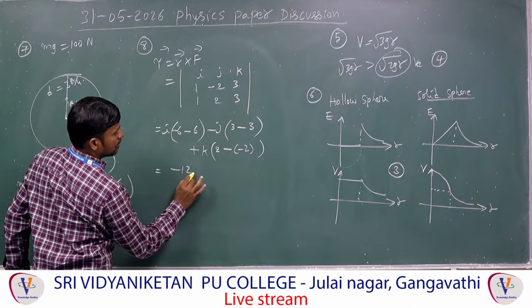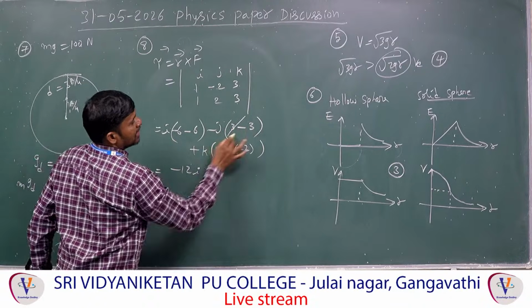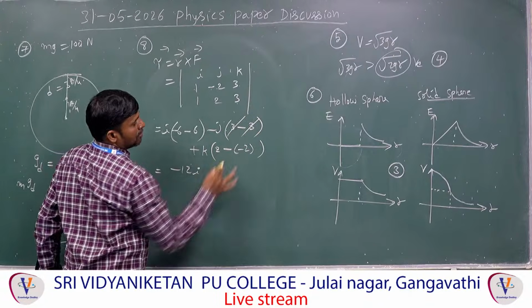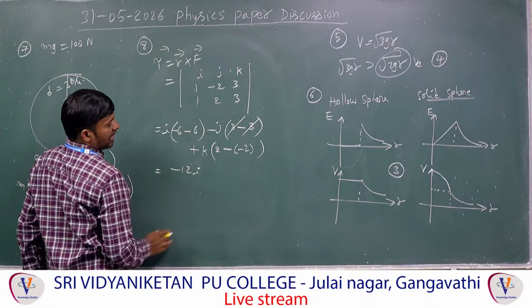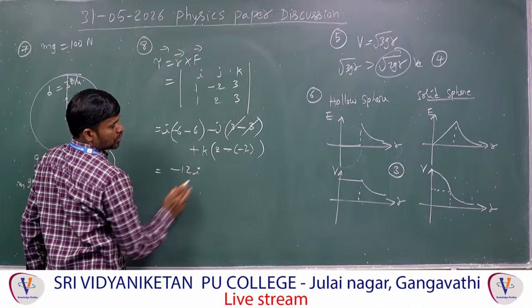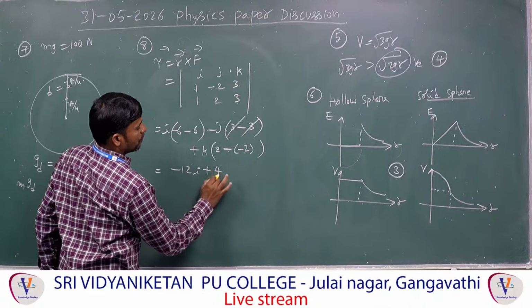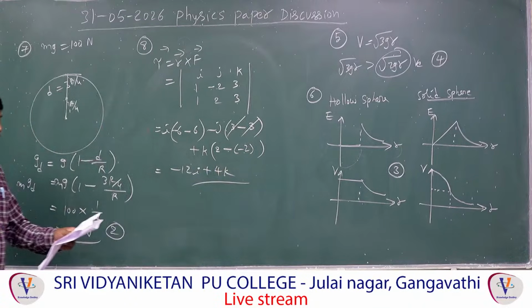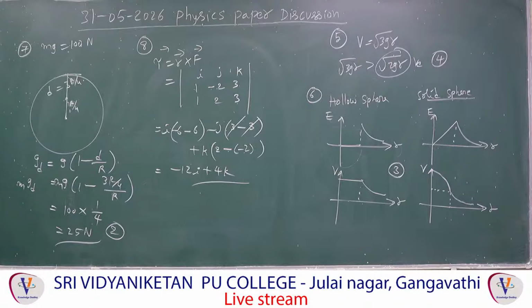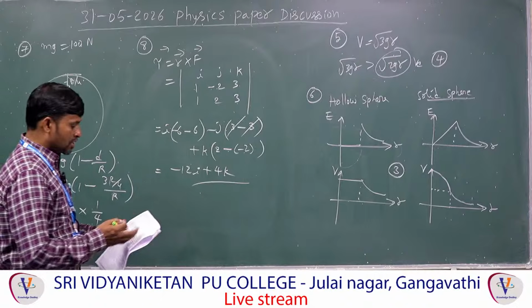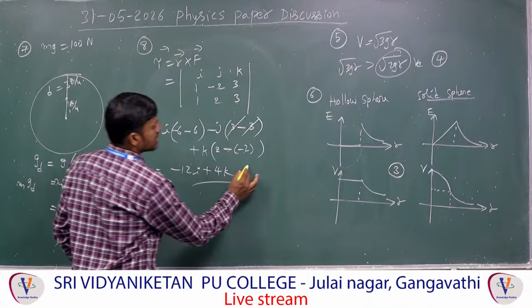Minus 6, minus 6, minus 12 i. Here 0 plus 3 minus 3 cancel, 0. Here 2 plus 2, 4, plus 4k. Minus 12i plus 4k. Like which option? First option, we get the answer.